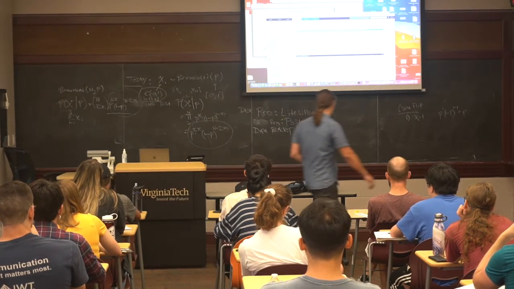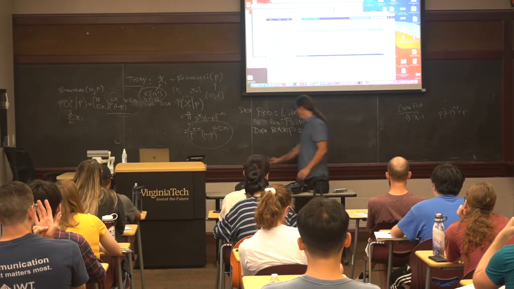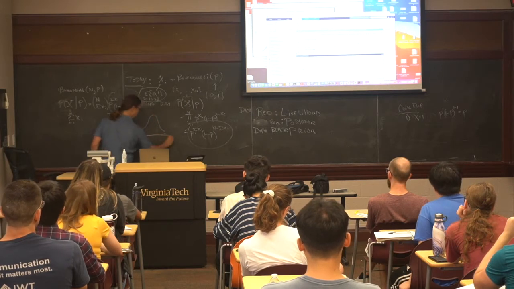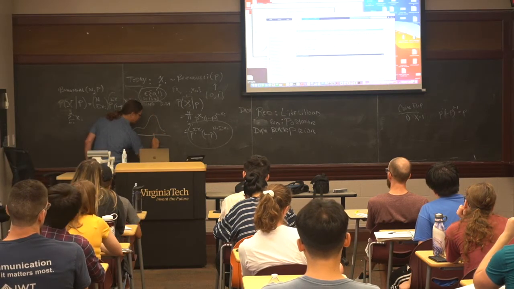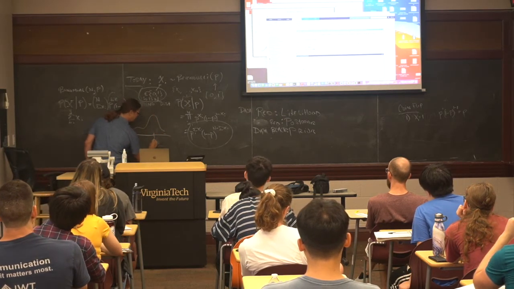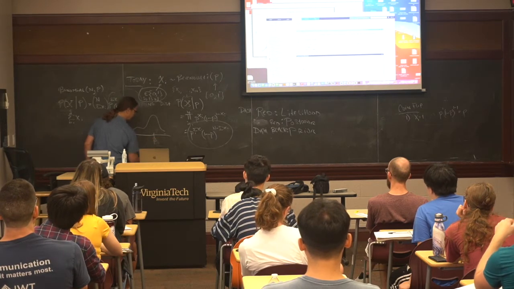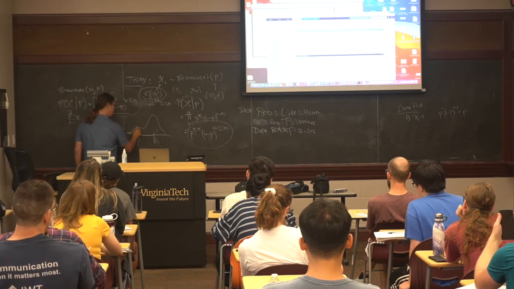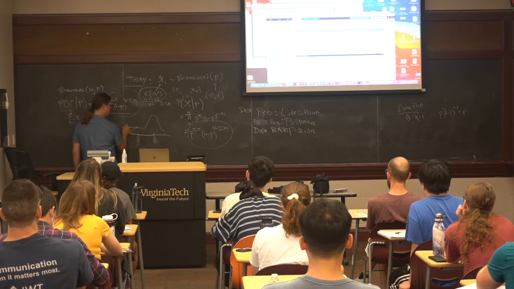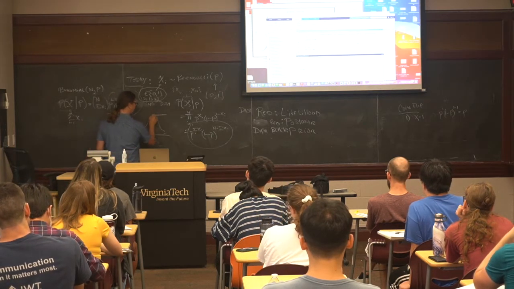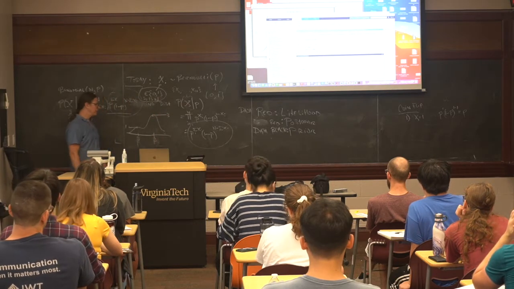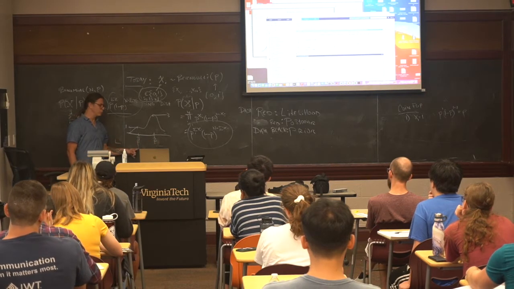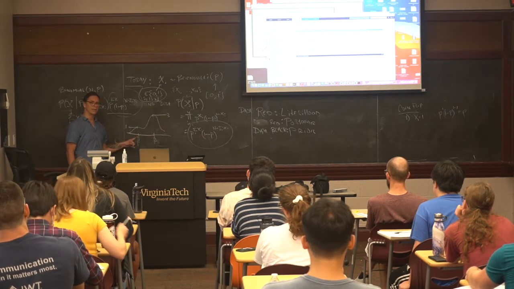So for instance, if my likelihood looked like this, and the value right here was 3, let's call this p tilde, and call this p double tilde. Let's say this value right here is a 1, and that value right there is a 3, then the relative likelihood comparing these two things would say this is 3 times more likely than that.